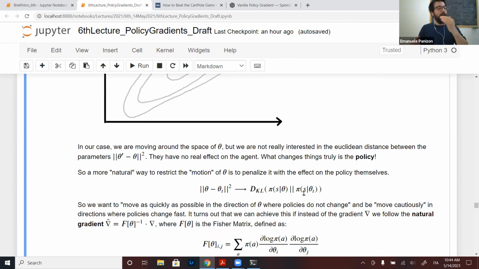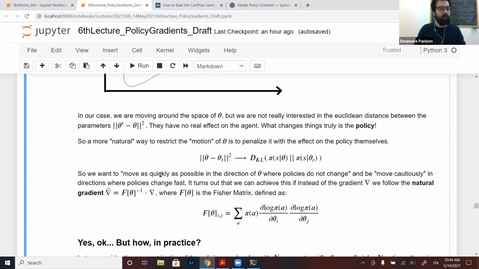I move theta, but since what I really care about is the policy and everything depends on the policy, if the policy stays relatively close, then even the gradient which I have estimated will not be too wrong. So I want to move in the direction in which the policy changes and not in which the parameters change. Can you see what I mean?